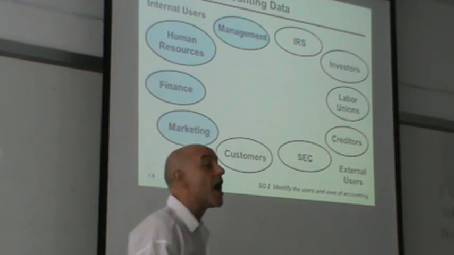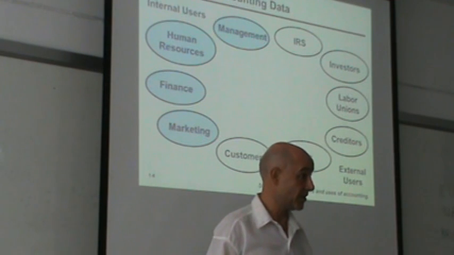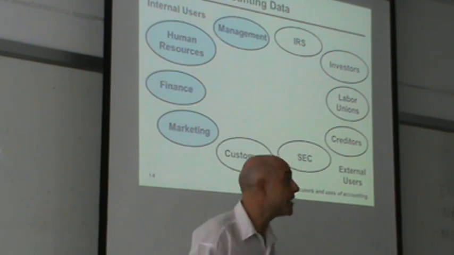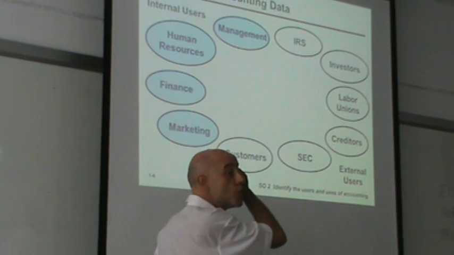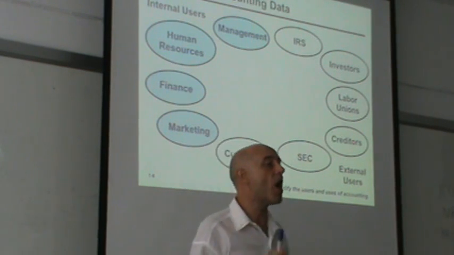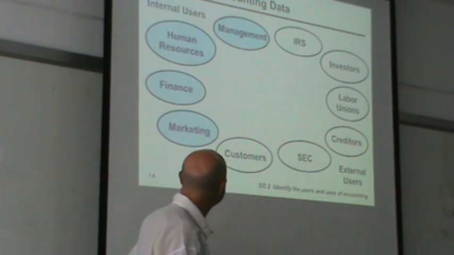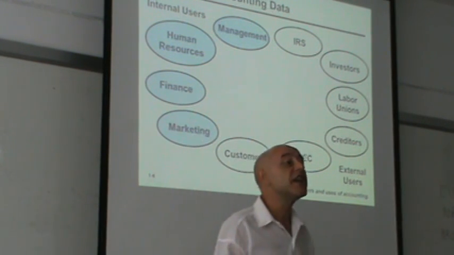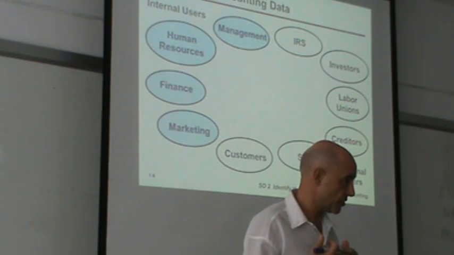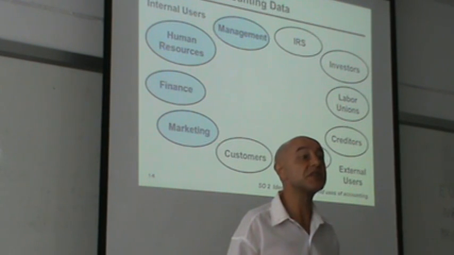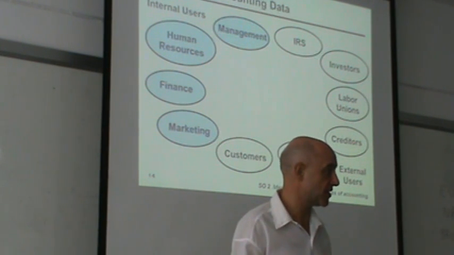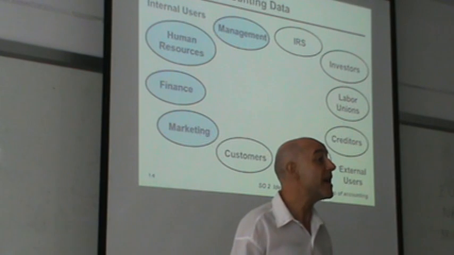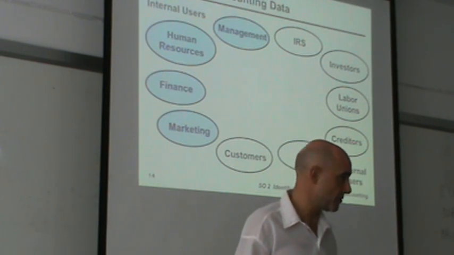Now this is the other more important part, which basically tells you who the users are. And the users we divided into two. The blue guys we call internal users. These are the users inside the business, okay? They make decisions for the business.